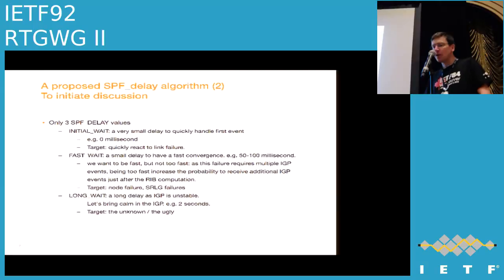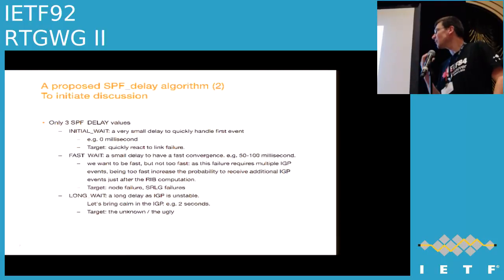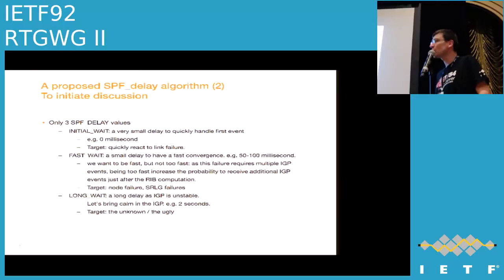The third timer value is the long wait. Here we target basically the unknown, where we are not in a link failure condition and not in a node or SRLG failure condition. So apparently it's a bigger failure. We don't know it, so we want to be safe, and we have a long value, could be 2 seconds. So three different values only.